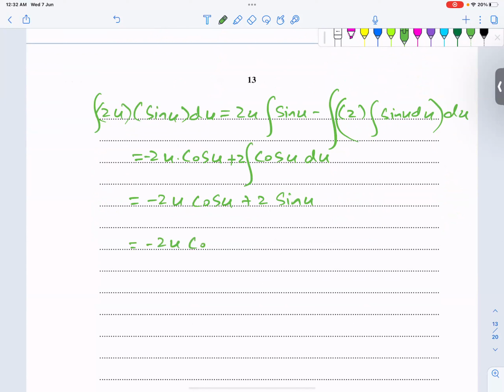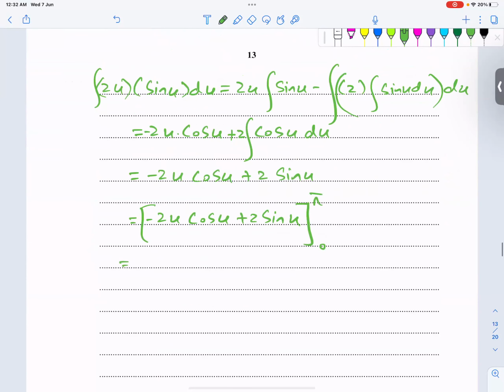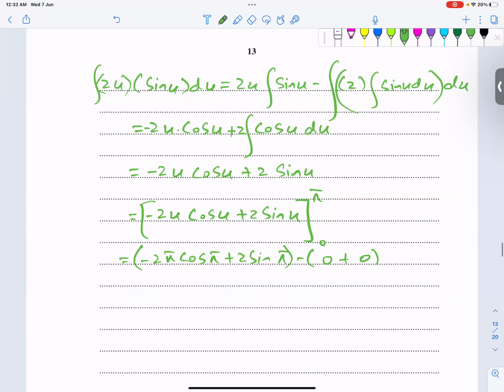Minus 2u cos u plus 2 sine u from 0 to pi. So this will become minus 2 pi cos pi plus 2 sine pi, minus 0 plus 0. 2u cos u will become 0 if you put 0, and sine 0 is also 0.